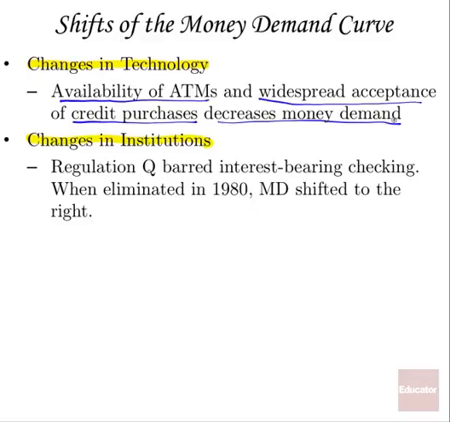Simply holding on to large amounts of cash incurs an opportunity cost, and it's also a little inconvenient. With ATMs, back before there were a lot of ATMs and bank locations, people would have to make a trek out to the bank and withdraw large sums of money in order to avoid having to go back.